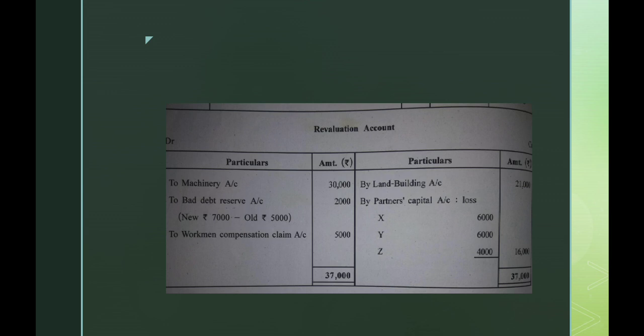The revaluation account is given in your textbook on page number 230, and also you have prepared it in your fair book. Now the only difference between the account that you have prepared in your fair book and the image presented here is one line, by partners' capital account, loss.